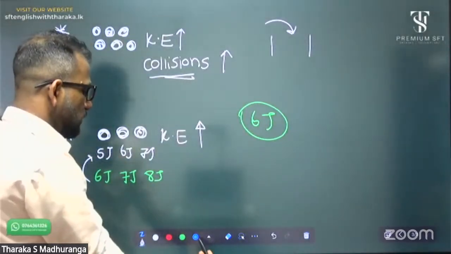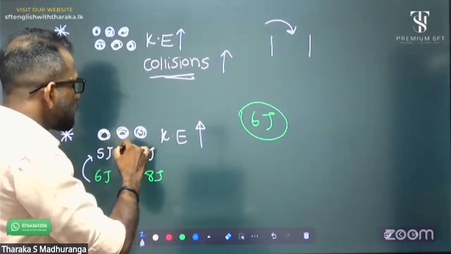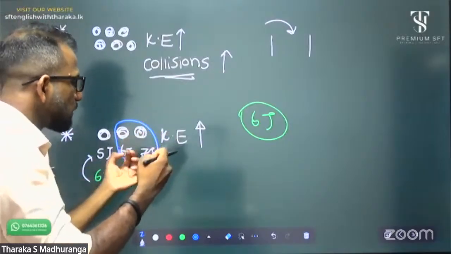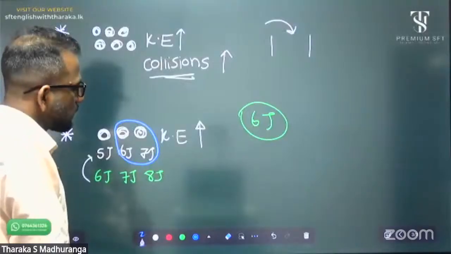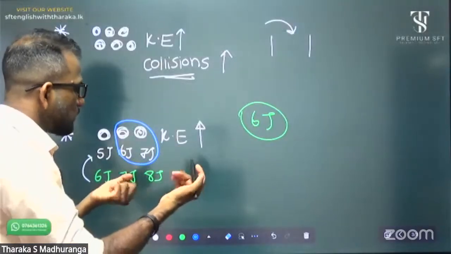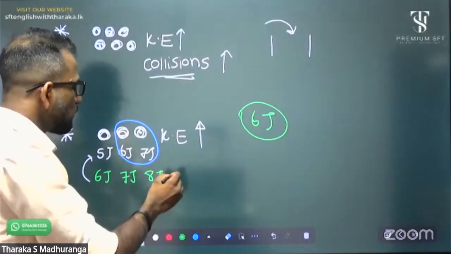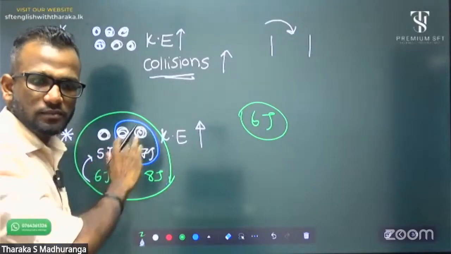Now, at initial, lower temperature, only 2 molecules can participate in effective collision, can make products. But if we increase the temperature, now you can see all 3 molecules can participate.